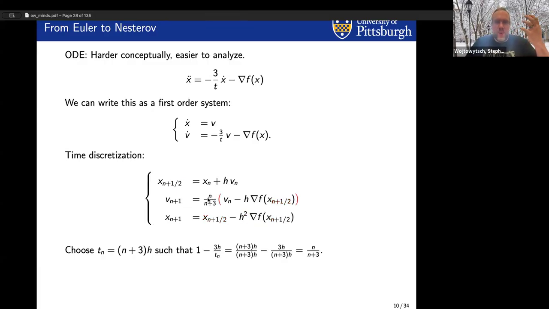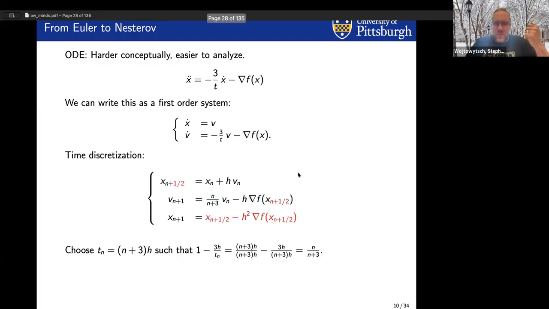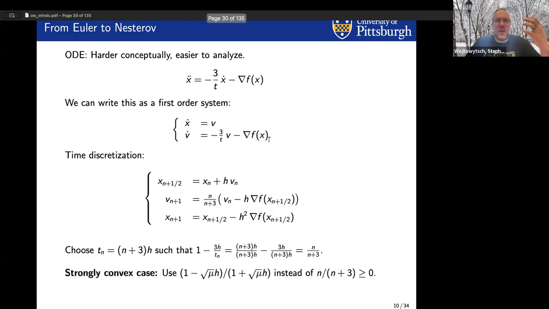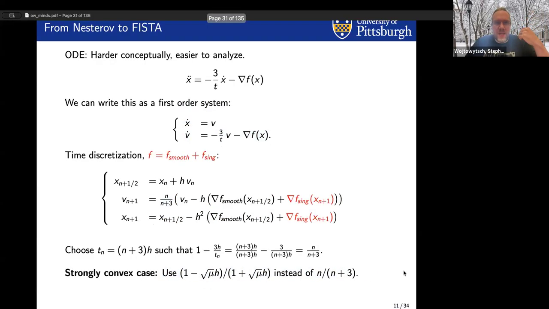And then for whatever reason, this is the thing that works. So all I did was shift these brackets from here around the whole thing. That really should make a huge difference when time n is large, but somehow this is favorable for the analysis. So this is how we get from just an Euler discretization of this system to Nesterov. And yeah, there are slight differences for strongly convex.